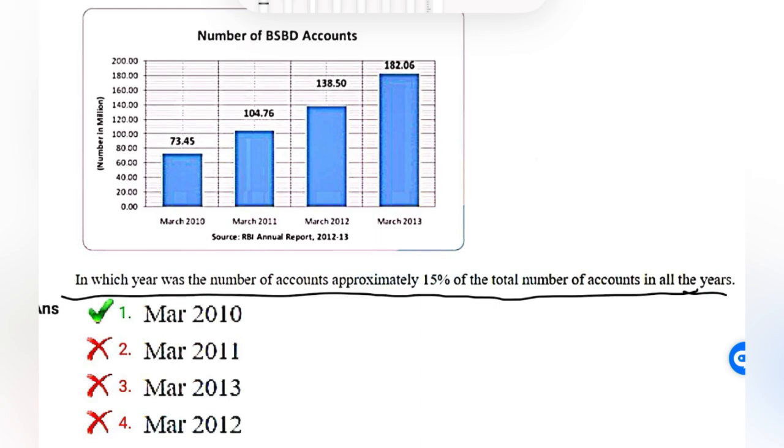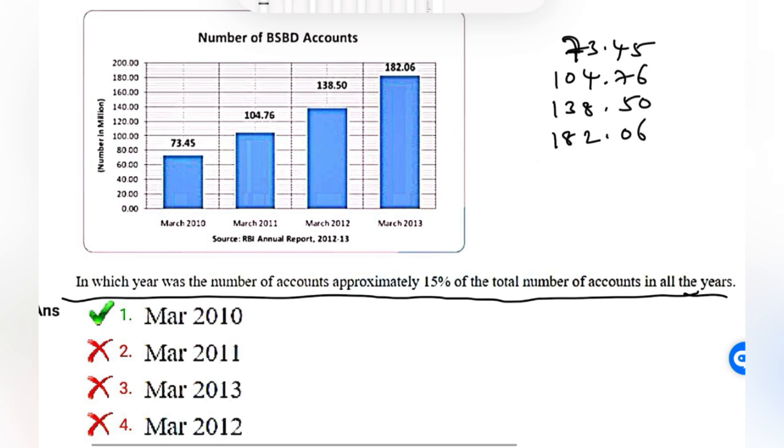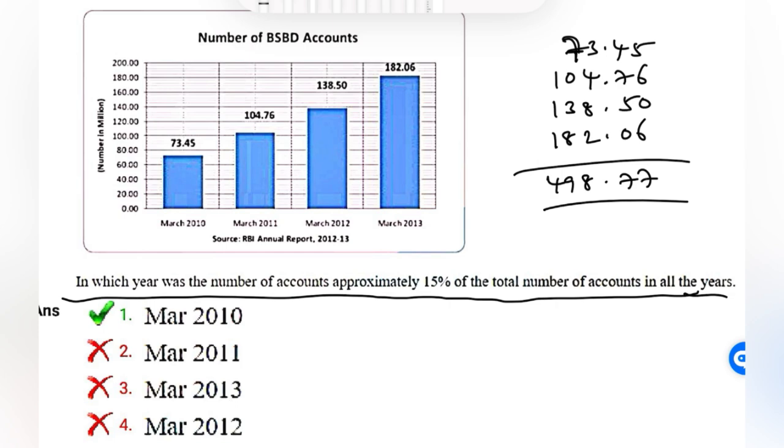Here total number of accounts is 73.45, 104.76, 138.50 and 182.06. And the total is 498.77. Let's take 15% of it.